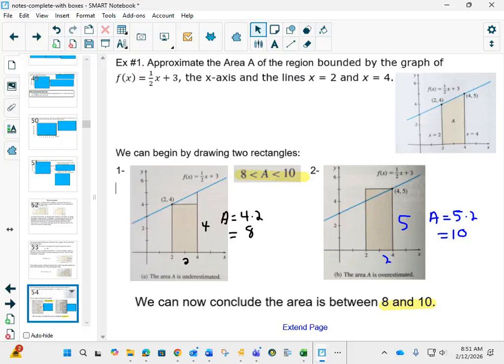And we can conclude that the area should be somewhere between 8 and 10, because the underestimate was 8 and the overestimate was 10. Does it work out to be perfectly in the middle? Well, because it's a triangle in that little spot, yes, but we're not supposed to know that. We're just getting estimates here.